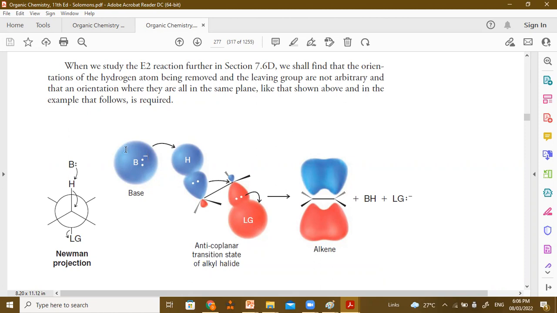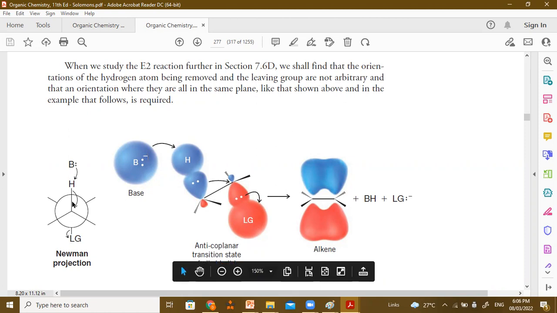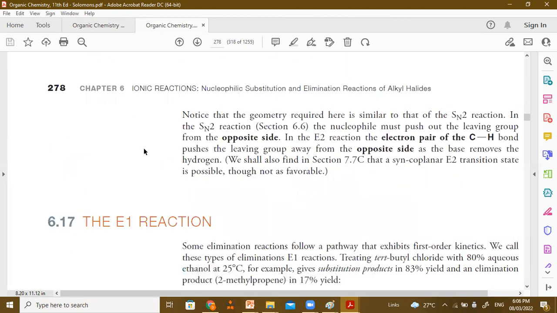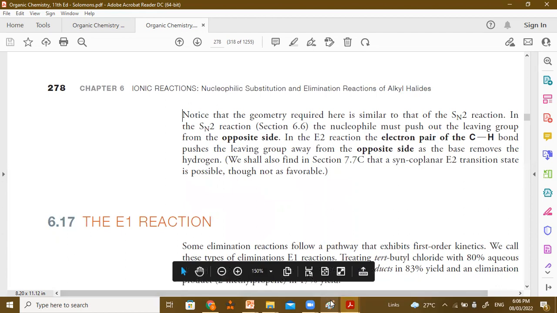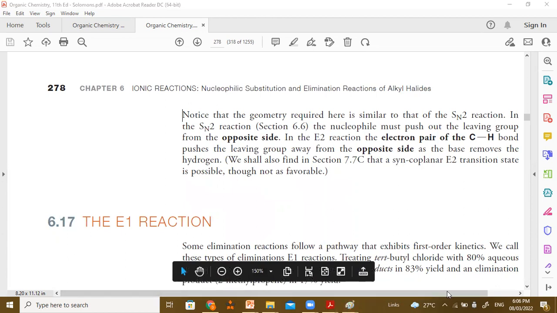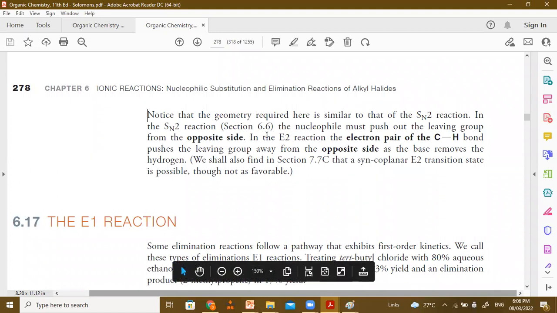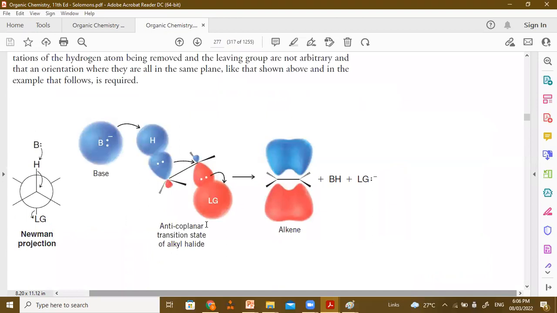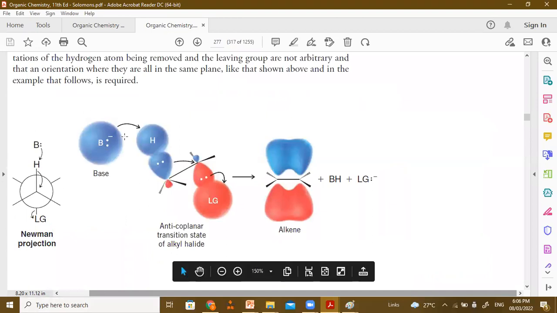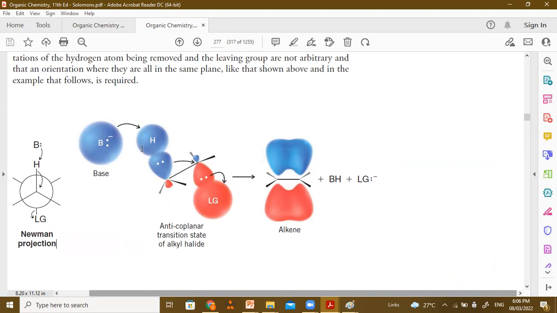Here you have a leaving group and you have a base and it attacks. Just like in the SN2 reaction, the nucleophile must push out the leaving group from the opposite side. So the base has to attack from the opposite side of the leaving group to remove the proton.